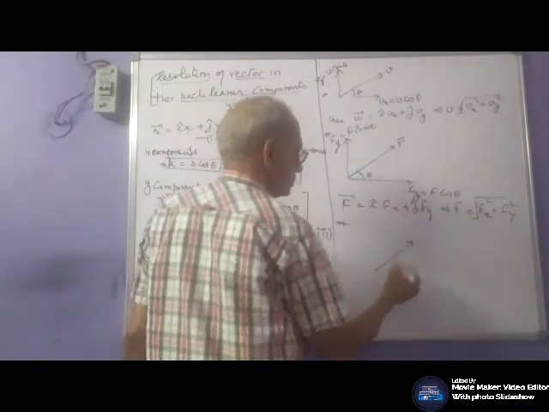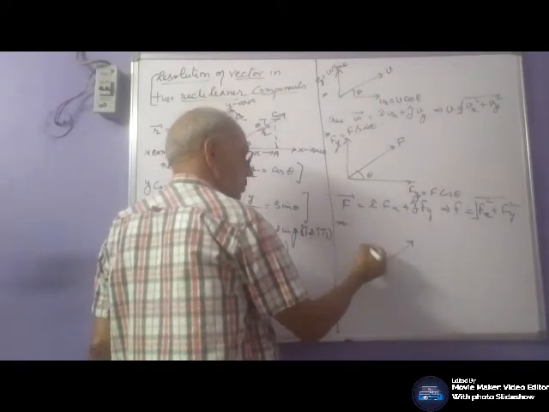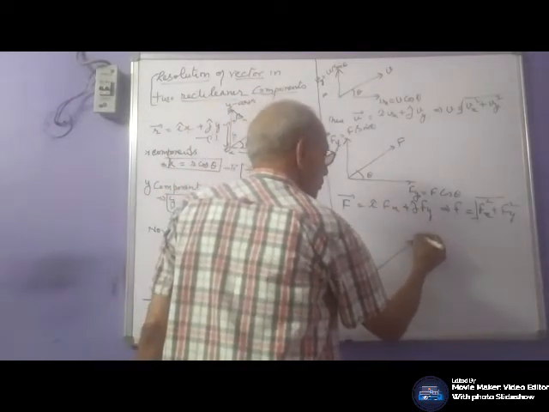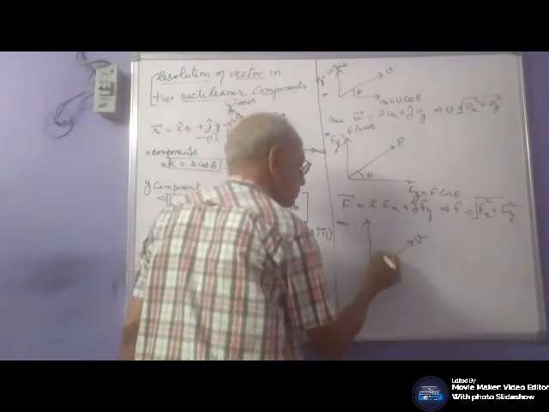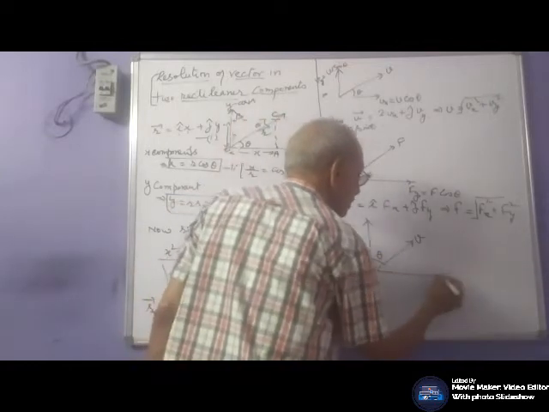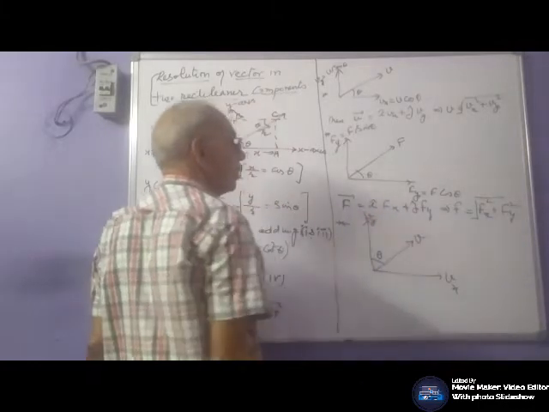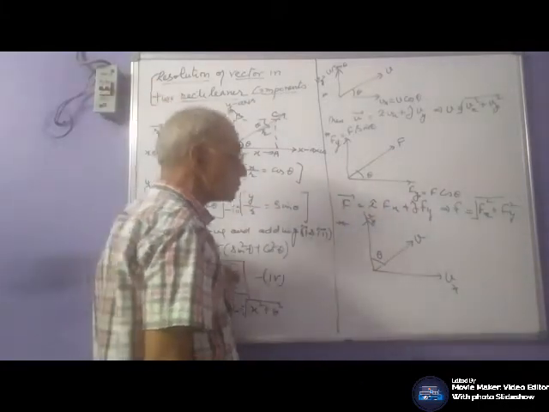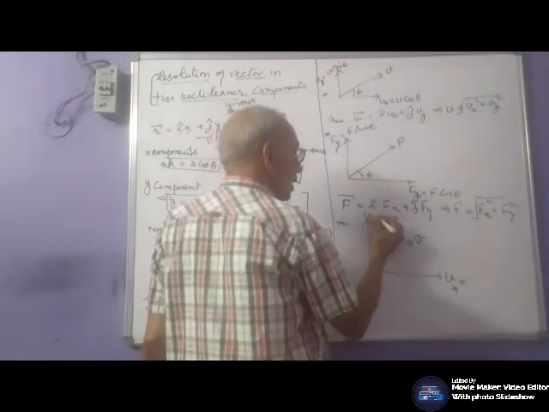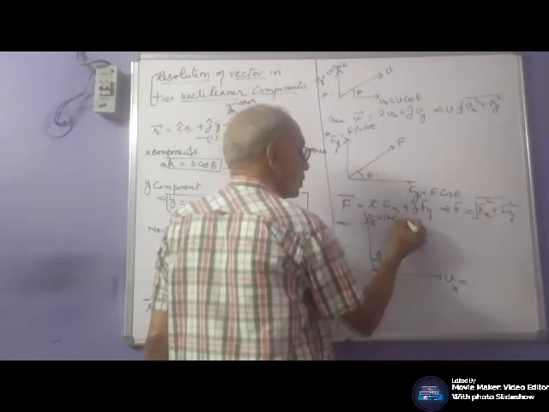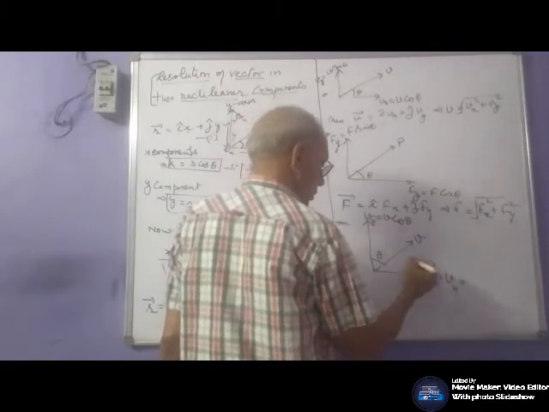And let us see, this is V, this is theta, this is Vx, and this is Vy. Here Vx will be towards theta, always cos. Resolve this V towards theta, so it is V cos theta.